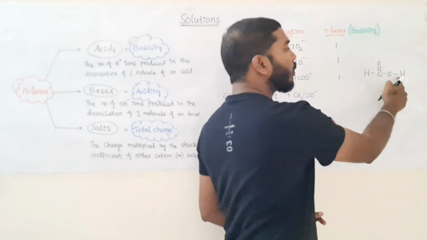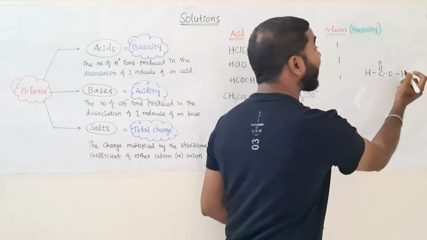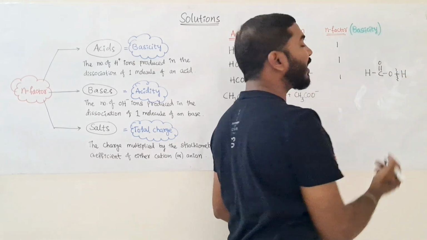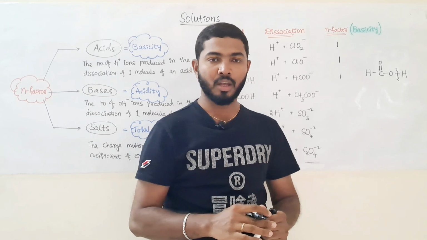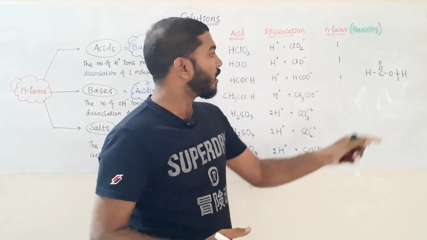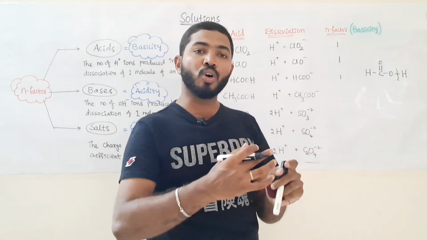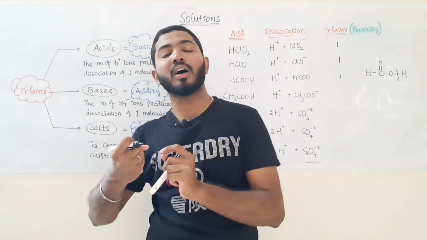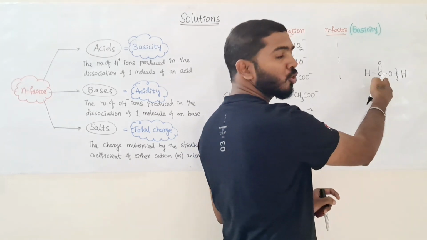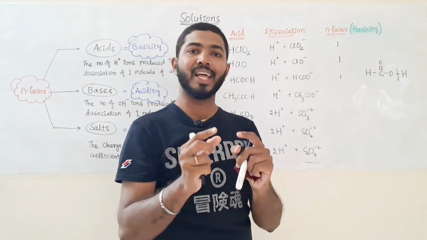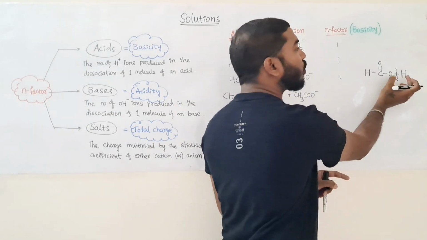Now if you can see here, the hydrogen attached to oxygen can undergo dissociation easily compared to the hydrogen which is not attached to oxygen. So why is it like that, sir? The electronegativity of oxygen is very high, so oxygen tends to pull the hydrogen's electron. Whereas the electronegativity difference between carbon and hydrogen is very small, so this bond is comparably strong compared to the OH bond.